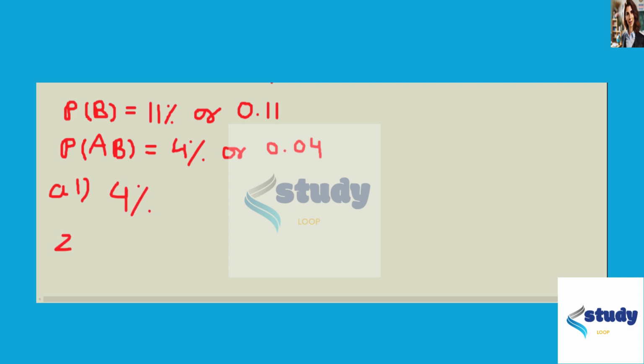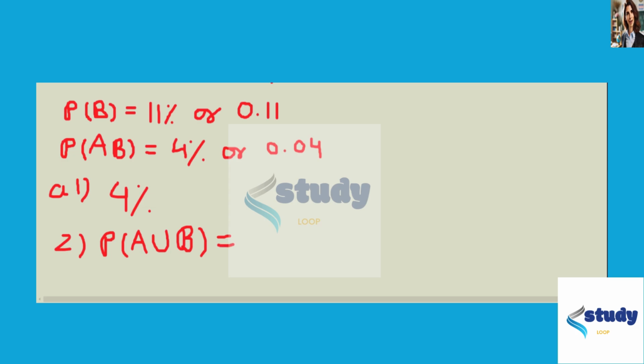Now the next question asked is, what is the probability that this donor has type A or type B? We know that having a type A blood or a type B blood are disjoint events, as they both can't happen at the same time. So we can use addition rule to find this probability.